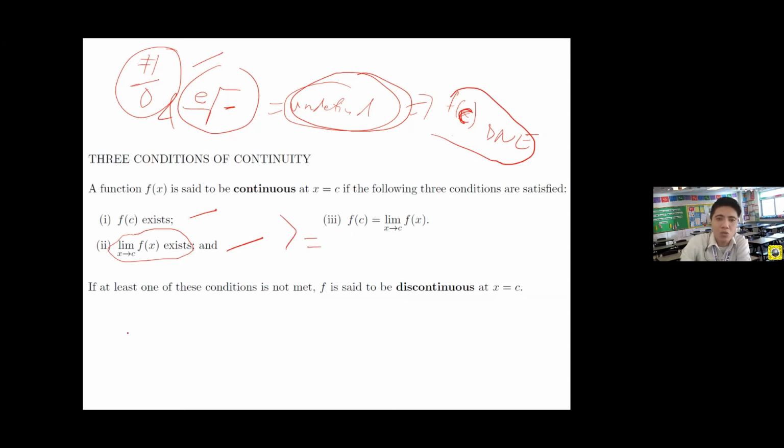So those are the three conditions you must satisfy so that you can conclude that the given function is continuous.